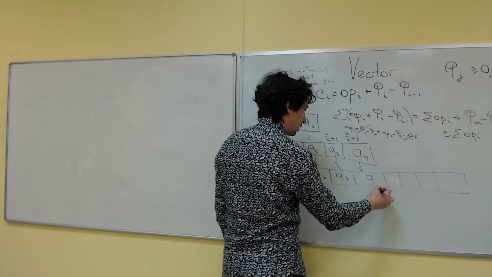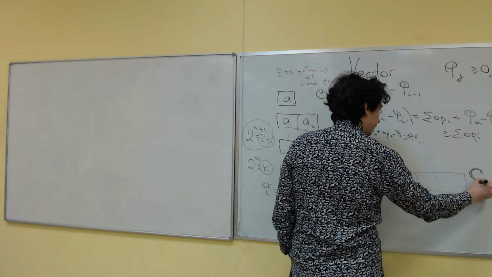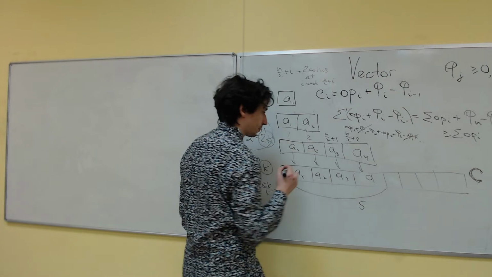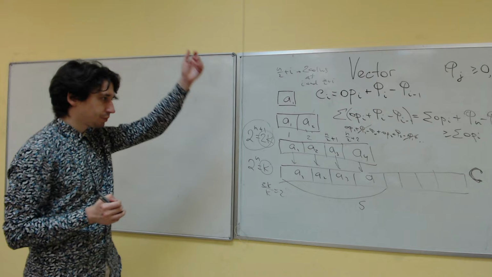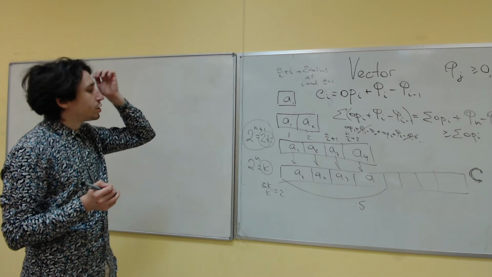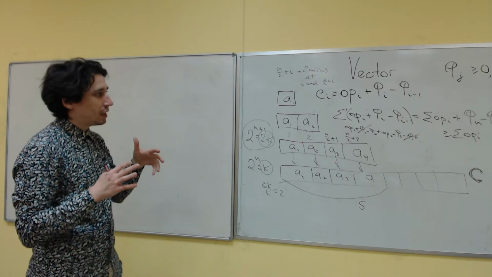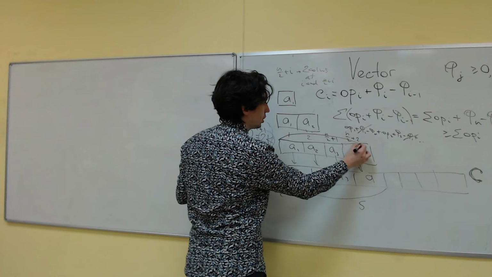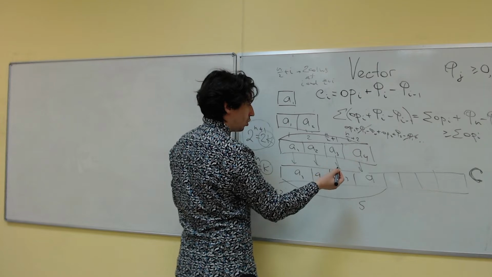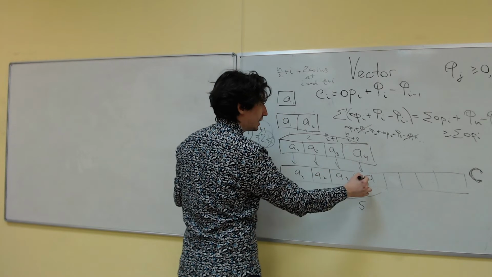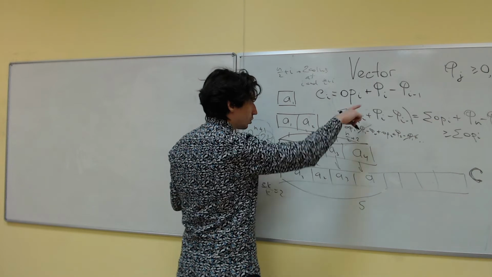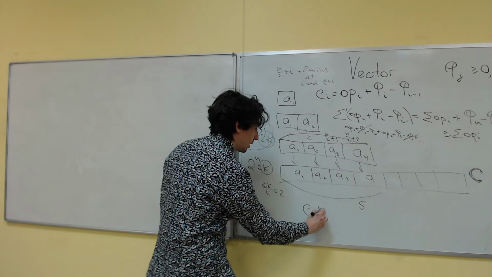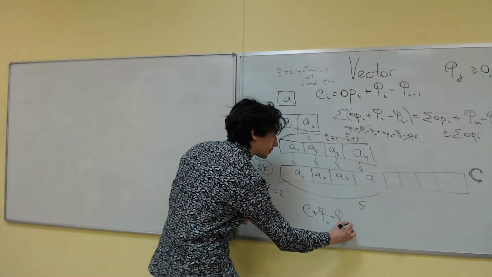So we have capacity C, and we have the size S. We want such a potential so that, when we add an element and copy, our operation will cost C plus F I minus F I minus 1.